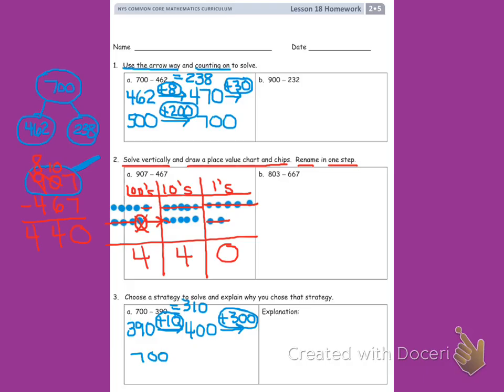It says here that I need to explain why I chose that strategy.